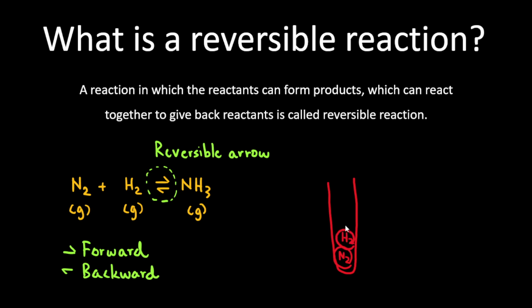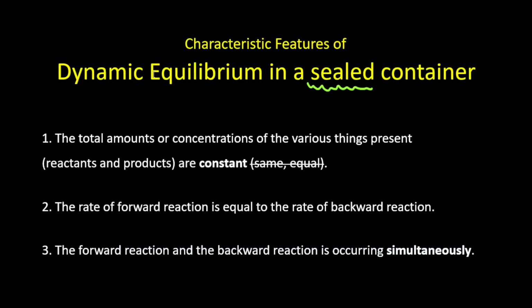When they combine, they will of course form ammonia, NH3. But if this is an open test tube, the ammonia can simply escape. Only when this test tube is closed or sealed can ammonia produce nitrogen and hydrogen again. That is why, for a reversible reaction to take place or a dynamic equilibrium to be achieved, it has to be in a sealed container.